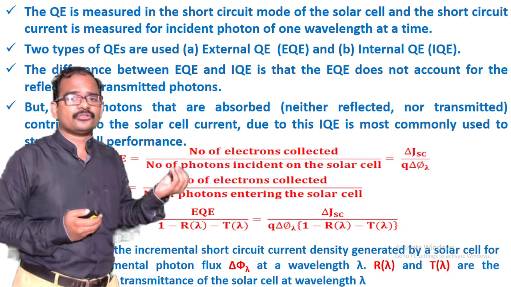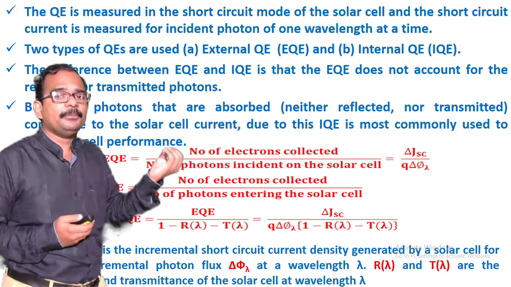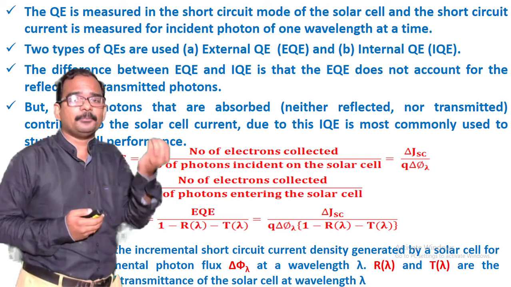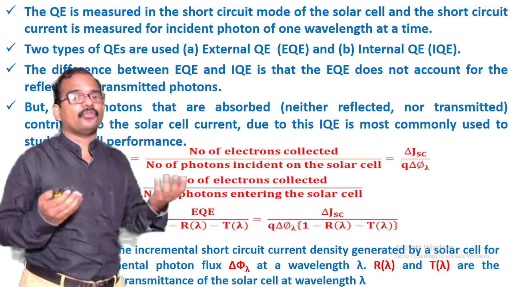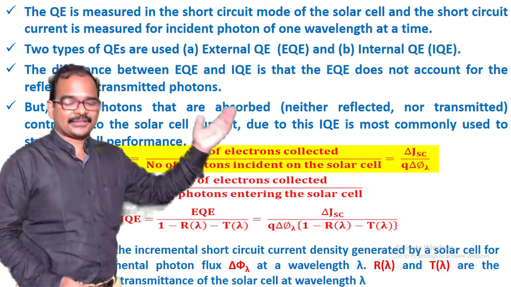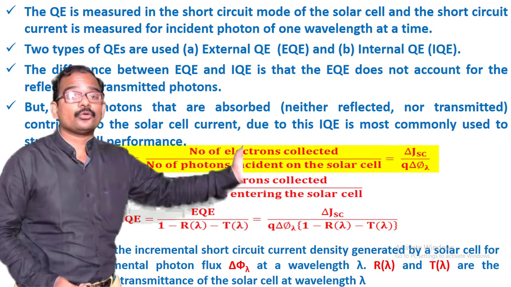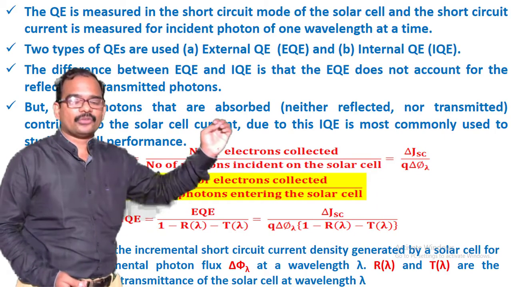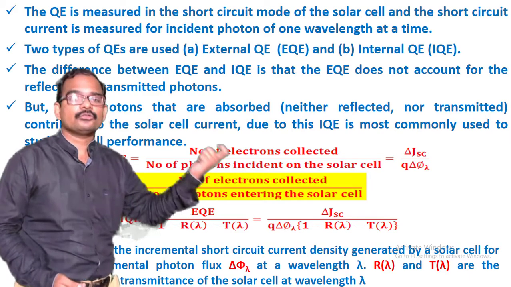But only photons that are absorbed, neither reflected nor transmitted, contribute to the solar cell current. Due to this, IQE is the most commonly used to study the cell performance. So what is EQE? Number of electrons collected divided by the number of photons incident on a solar cell. Right. What is IQE? Number of electrons collected to the number of photons entering the solar cell.